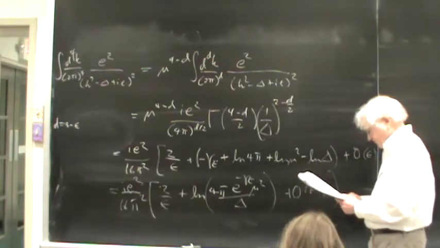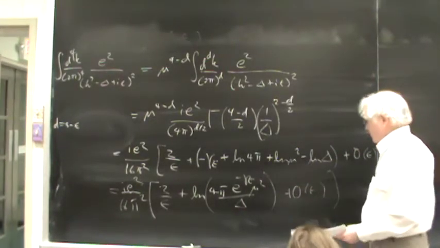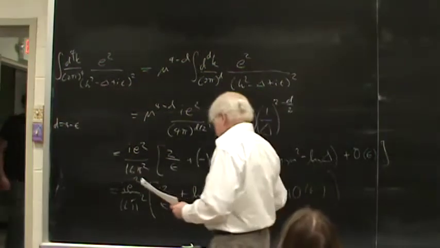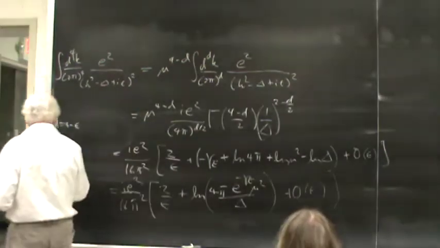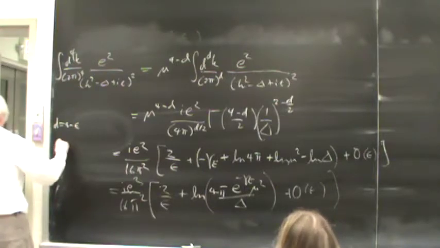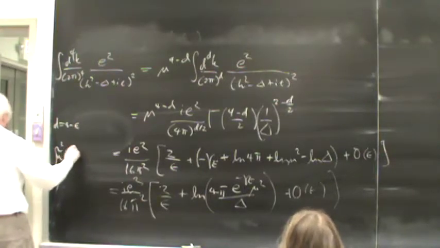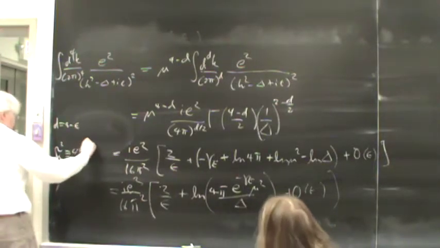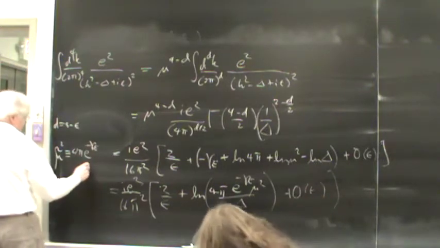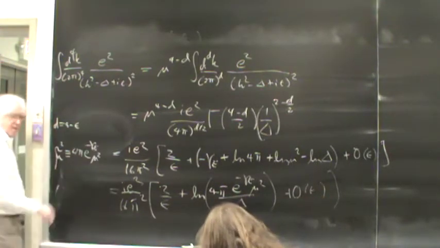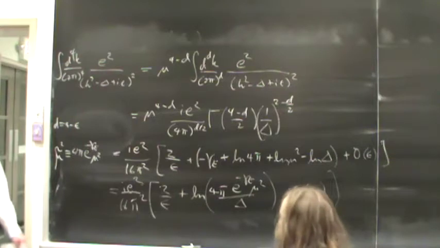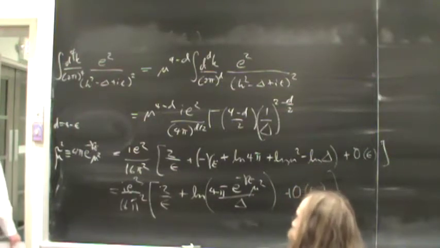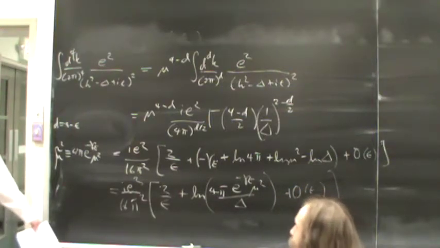And so it turns out that this combination occurs a lot. So now one defines mu tilde squared to be 4 pi e to the minus gamma e mu squared. So you can see this is getting very technical. This is just a convention, okay?